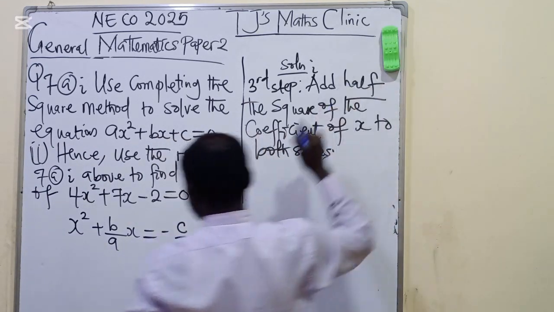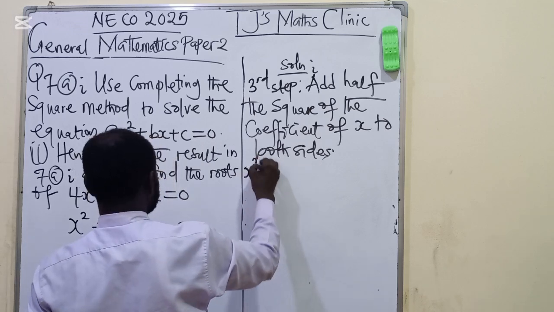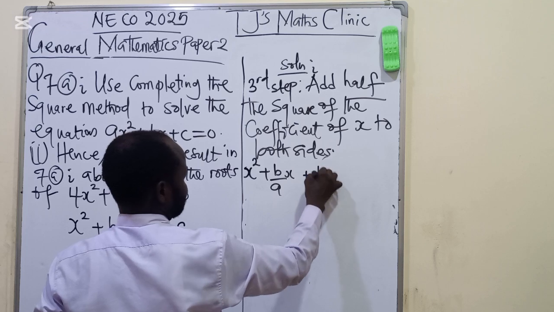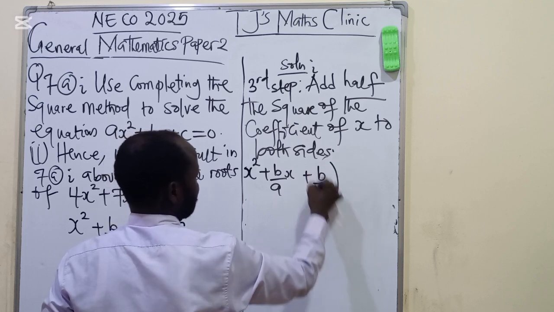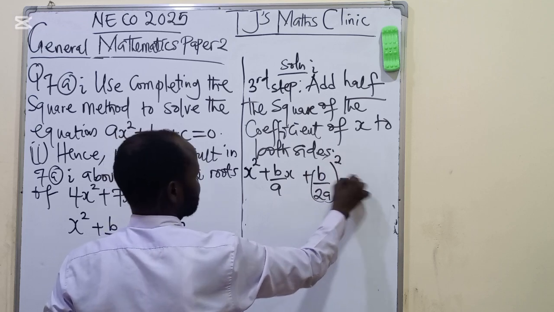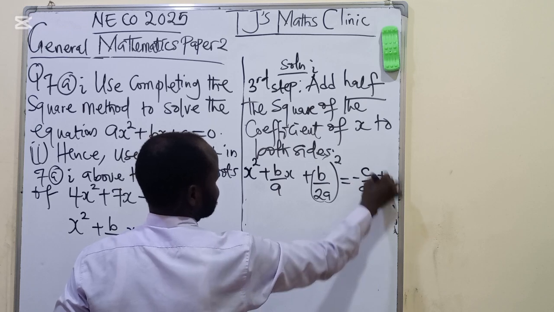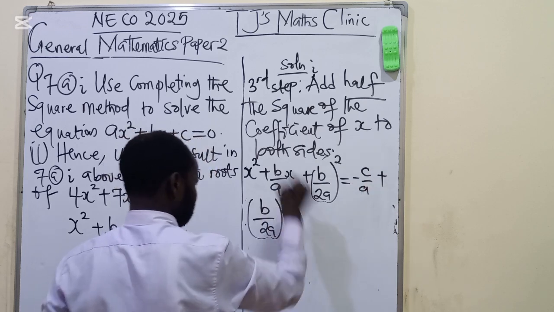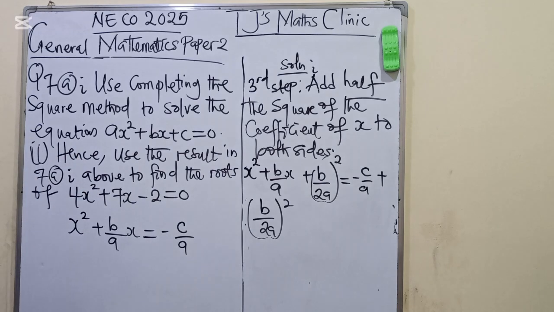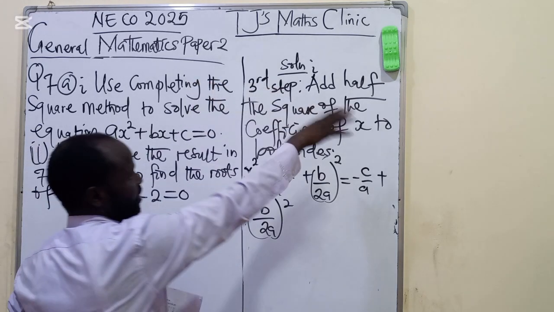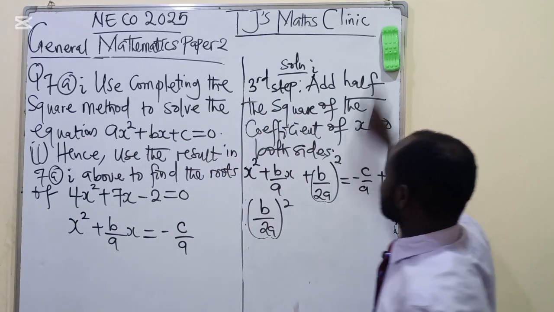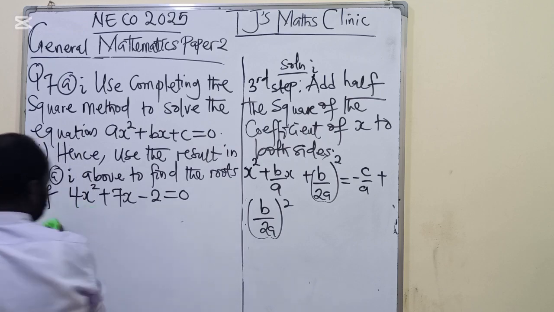So it means we'll have x squared plus b divided by a x plus b divided by 2a all squared will be minus c divided by a plus b divided by 2a all squared. This is now step 3. Very important. Add half the square of the coefficient of x to both sides. Let's make progress.